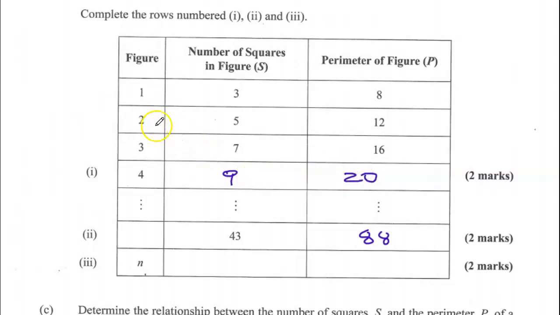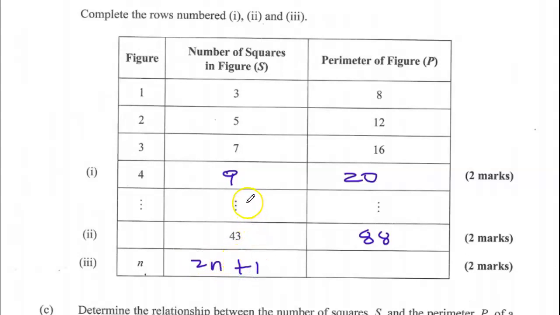Alright, so to move from figure to number of squares, you double the number of the figure and add 1 to get the number of squares. And to move from number of squares to a perimeter, you double the number of squares, add 2, you get the perimeter. That's the pattern here. So n, to get the number of squares, we double n, so you multiply n by 2. To double something means to multiply it by 2, right? And we add 1.